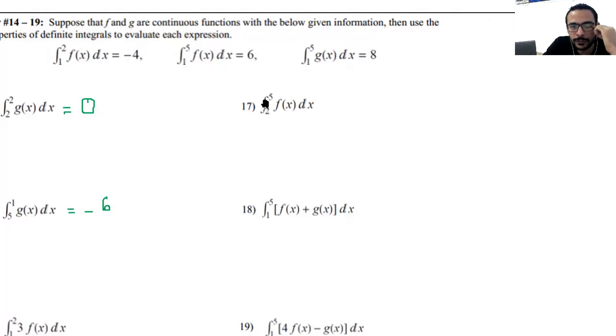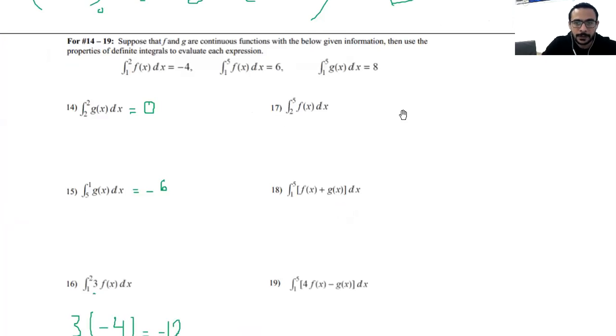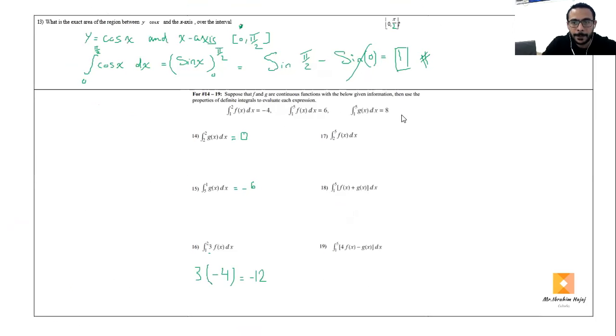How do we find from 2 to 5? Imagine it: from 1 to 5 is given, and from 1 to 2 is given as negative 4, while from 1 to 5 overall is 6.